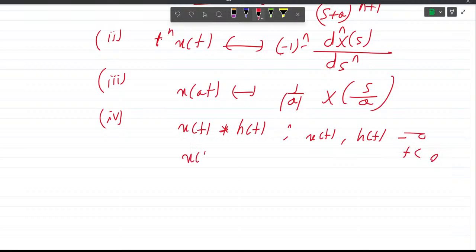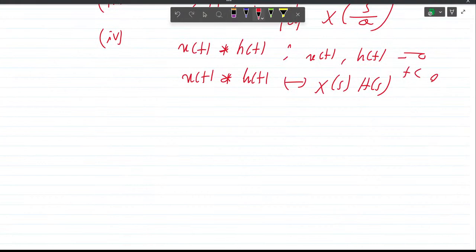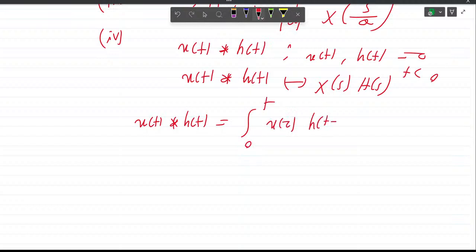That means convolution in the time domain is multiplication in the Laplace domain or frequency domain. The convolution integral is defined as x(t) convolved with h(t); because both signals are causal, the limit will be 0 to t of x(tau) h(t minus tau) d tau, or you can put h(tau) x(t minus tau).